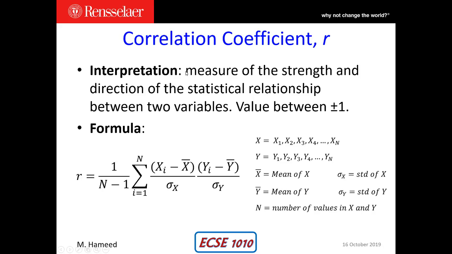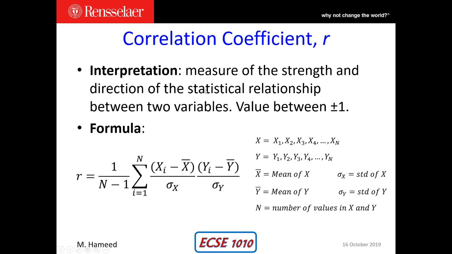What does it mean? It is simply the measure of the strength and direction of the statistical relationship between two variables. If two variables x and y are related very strongly, and in the same direction, then it will give us a value that is close to +1.